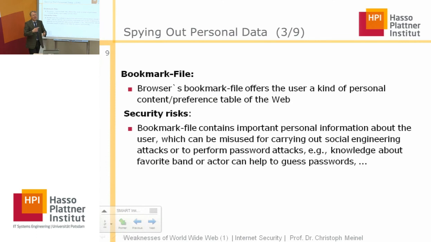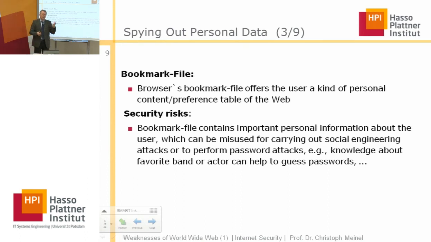I'm also a member of this club or whatever. And in this way, the user thinks, oh, it's a friendly person, and then he's willing to tell more than he would tell to an unknown person. One can use this for a password attack.